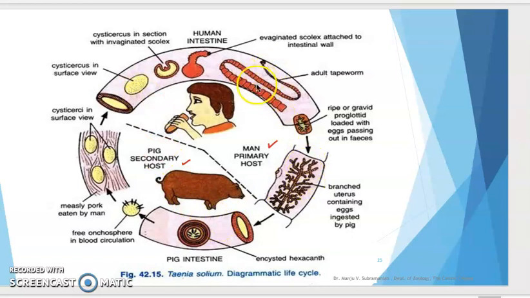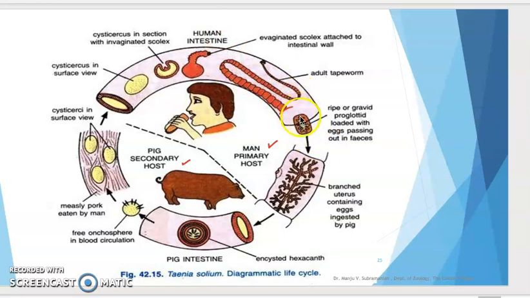So when a mature tapeworm develops a proglottid, this gets detached. As you know, the tapeworm has a head region, a neck region and a proglottid region, and in that proglottid region there are mature proglottids, premature proglottids, and gravid proglottids.